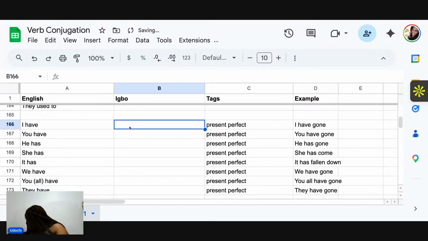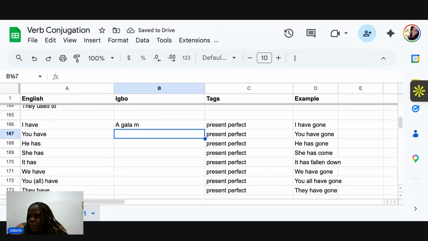I have gone. We know this one. I have gone is agalam. Agalam with one A. You have gone is Igala.